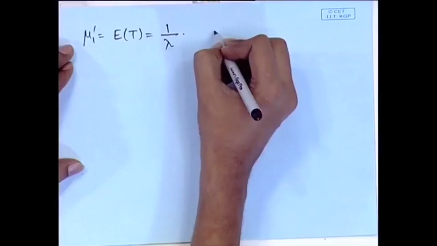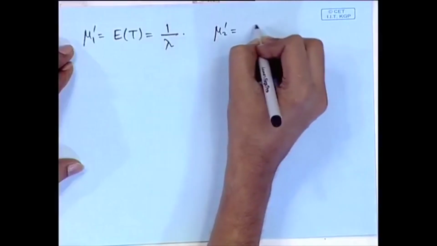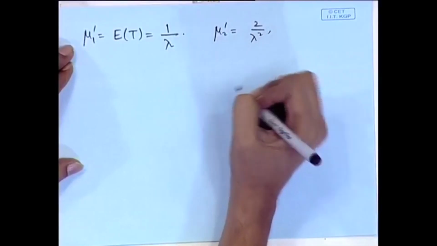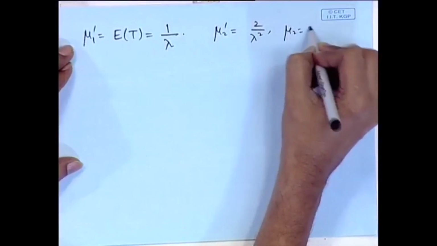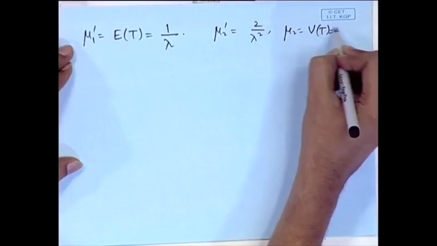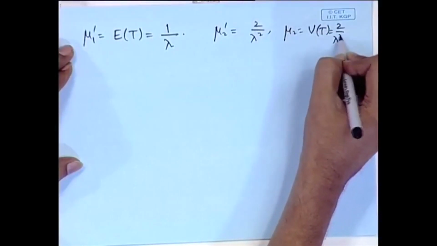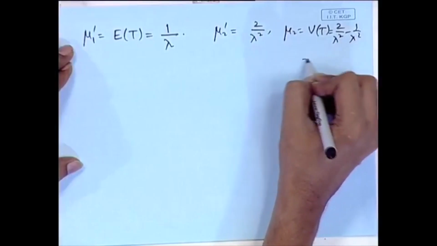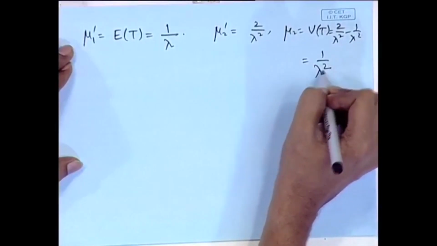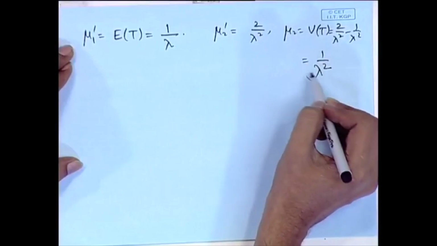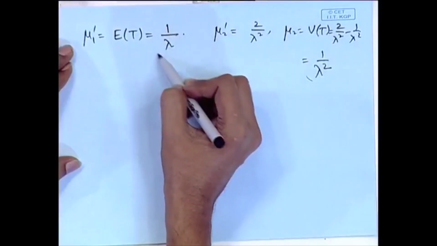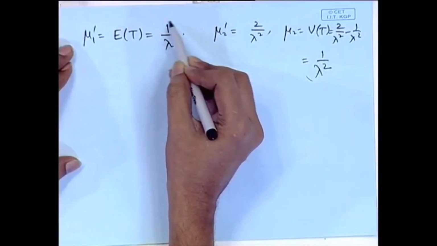We may also look at mu 2 prime, that is equal to 2 by lambda square, and therefore mu 2, that is the variance, will become 2 by lambda square minus 1 by lambda square, that is equal to 1 by lambda square. So, you can observe here the variance of the exponential distribution is square of the mean.